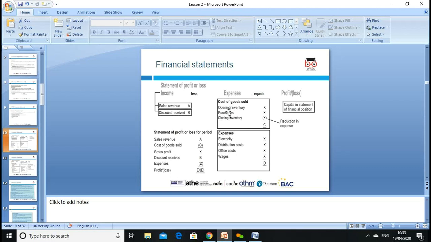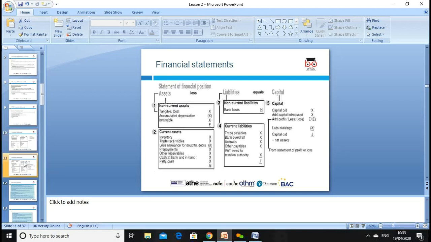Then we have cost of sales: opening inventory plus purchases, less closing inventory. Sales revenue minus cost of sales equals gross profit. Discount received is other income, and minus all other expenses, that gives you the profit for the year.